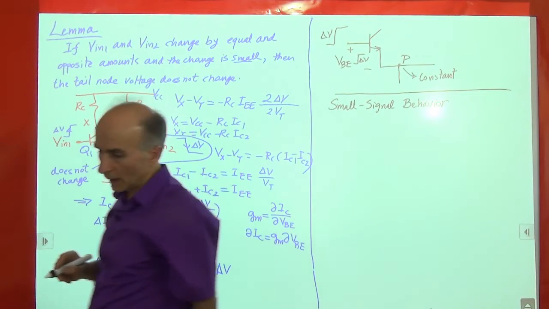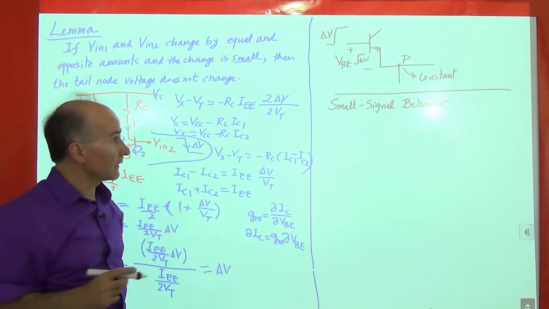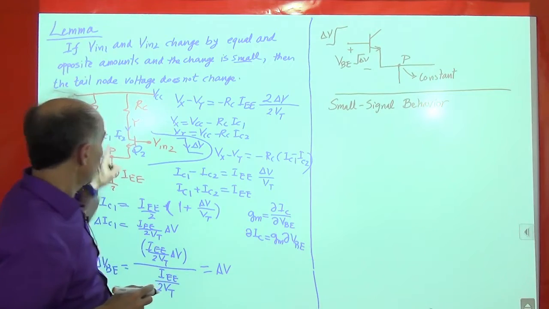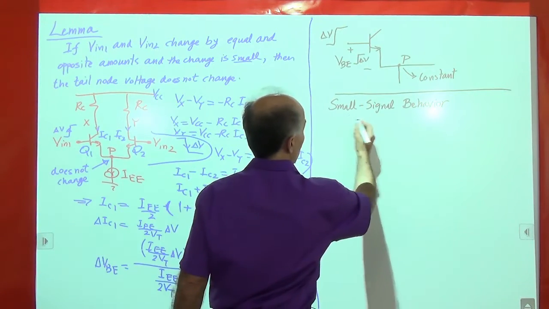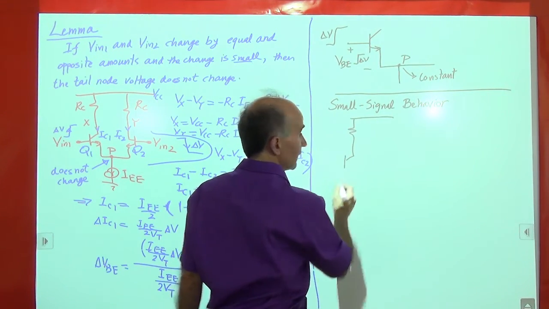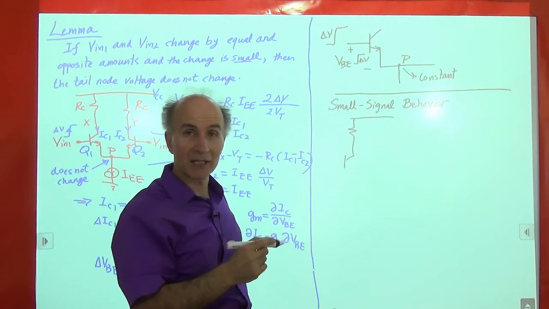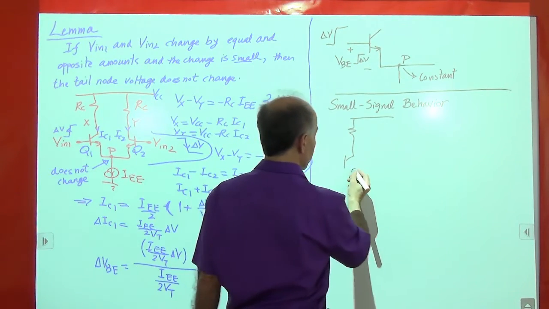Okay, so the idea is that if I look at the circuit, I'll draw it again. I don't know how many differential pairs I have drawn in my life, a lot, but here's another one.